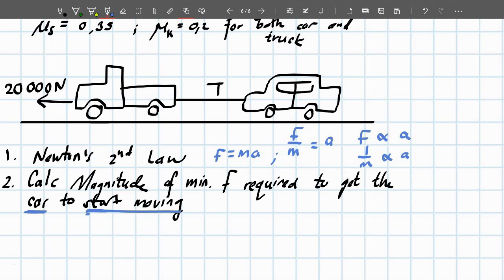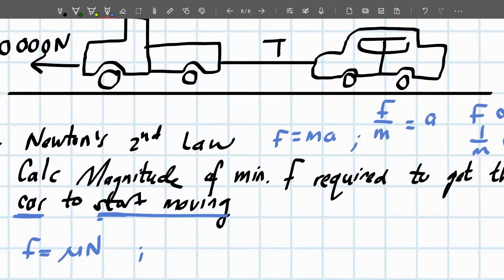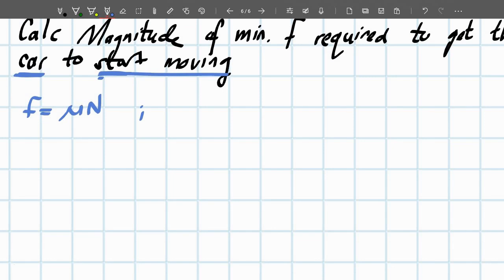Anything involved with friction, we know that any frictional force will be equal to the coefficient of that friction times the normal involved in that friction. In this case, we want the minimum force required to get the car to start moving.